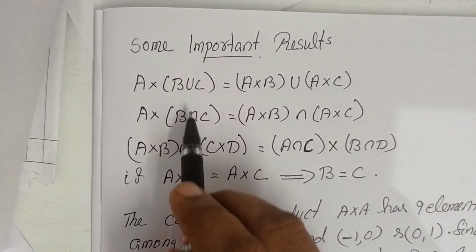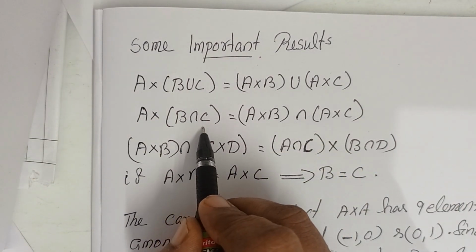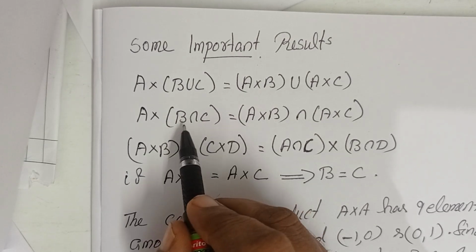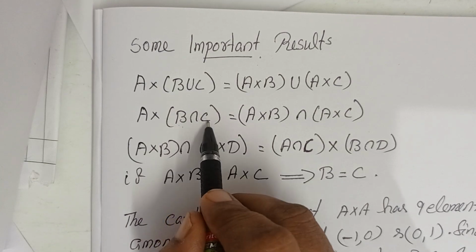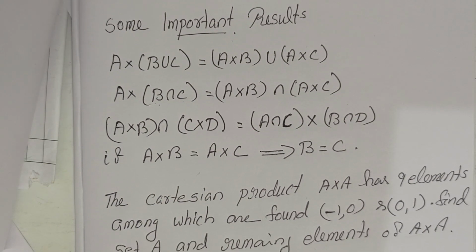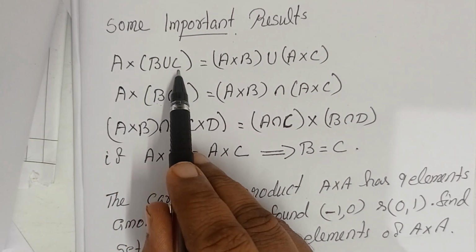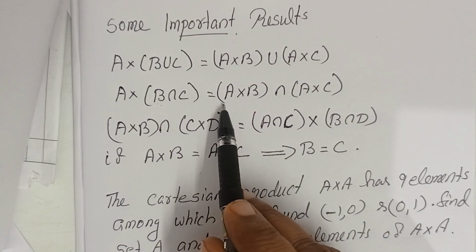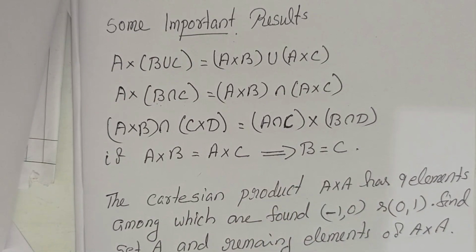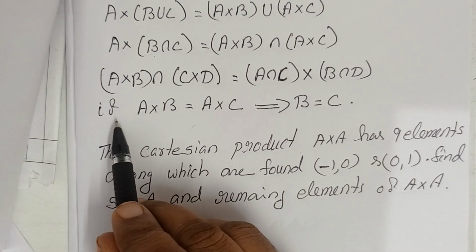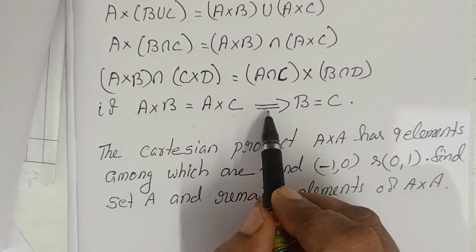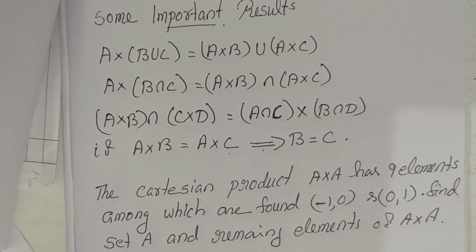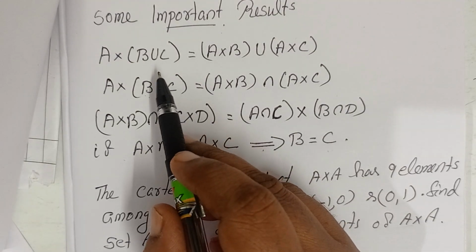But intersection means the common elements present in B and C. That's the meaning of B intersection C. Copy this formula from the board. A cross (B union C) is (A cross B) union (A cross C). A cross (B intersection C) means (A cross B) intersection (A cross C), like that. Okay. Then this is important. If A cross B is equal to A cross C, it implies B equals C. These are only results, and questions also come from this part.